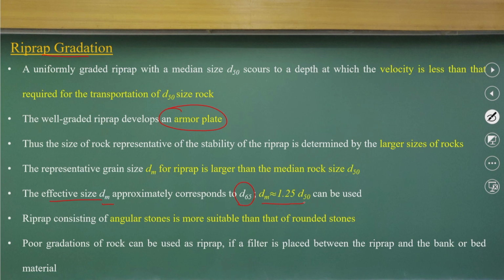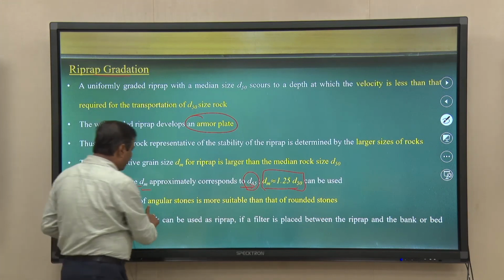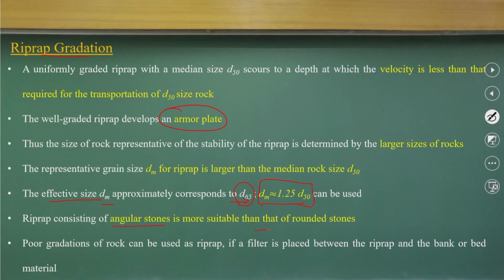Often we use a D50 value, but when you talk about rock size and well gradation, we should represent a D65, which is closer to 1.25 times D50. We should also have angular stones, which are more suitable than rounded stones, and a poor gradation of rock can be used for riprap. Then we should have a proper design of the filters, the filter materials, otherwise bank and bed materials can collapse.